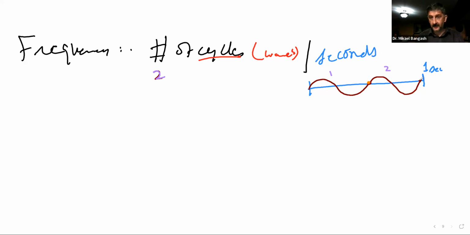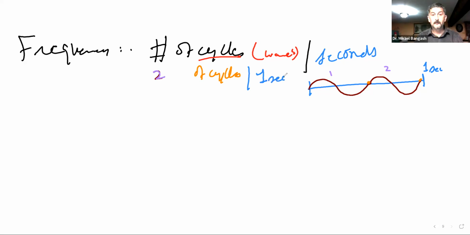This was 1 cycle, this is another cycle, or waves, in a period of 1 second. So the frequency is 2 cycles per second, and cycles per second can be translated into hertz. So our frequency is 2 hertz.